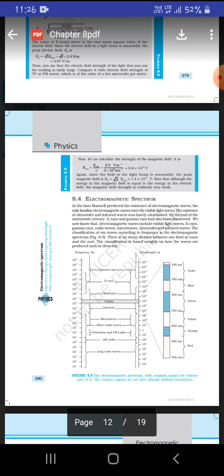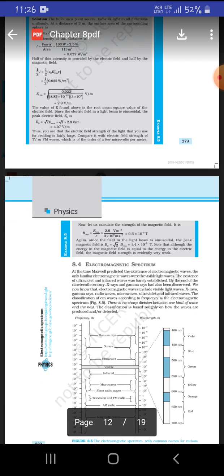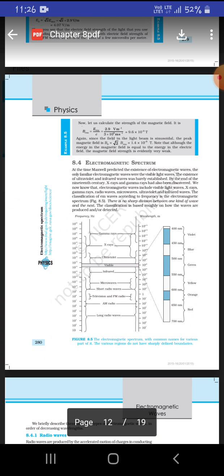Let's come to the next topic, the electromagnetic spectrum. These are the sums you have to solve using the formulas you have learned so far. At the time Maxwell predicted electromagnetic waves, the only familiar electromagnetic waves were visible light waves.